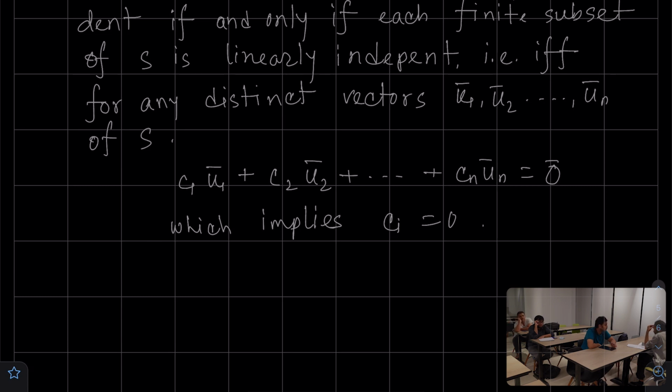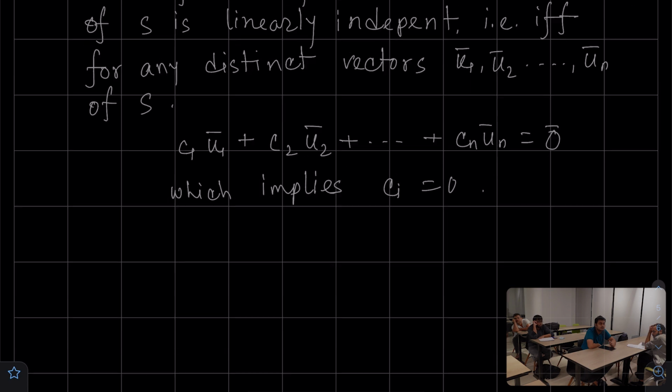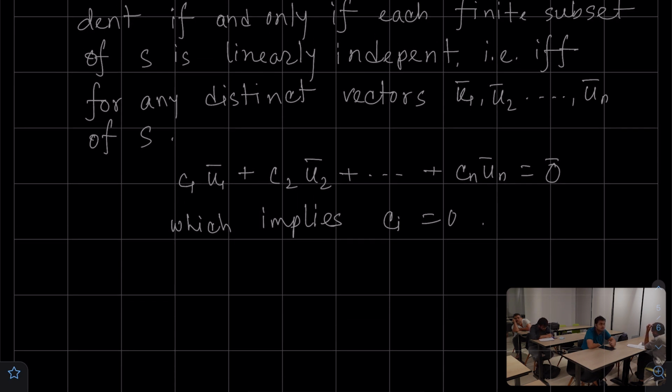If this set S is linearly independent, and S consists of infinitely many vectors, then I can write c1 u1 plus and so on, this infinite summation equals 0.